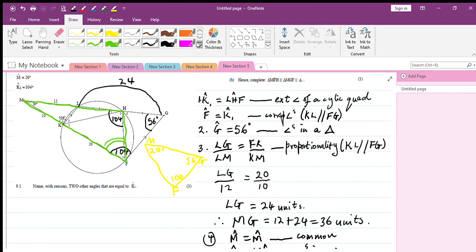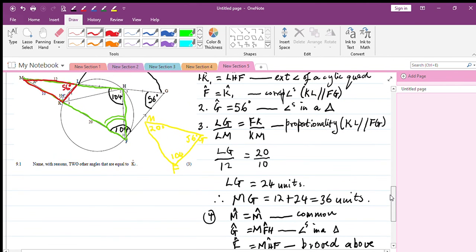I will draw it in red. In this triangle we have 20 here, we have 104 down here, so up here it should be 56. And you can see all other triangles have 104, 56 and 20, and the same thing applies here.